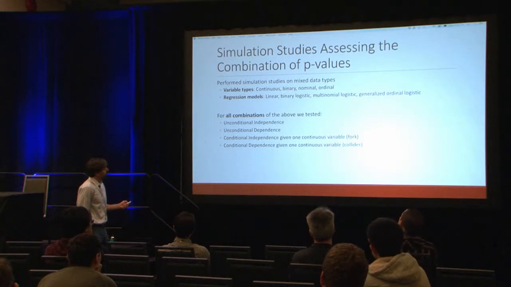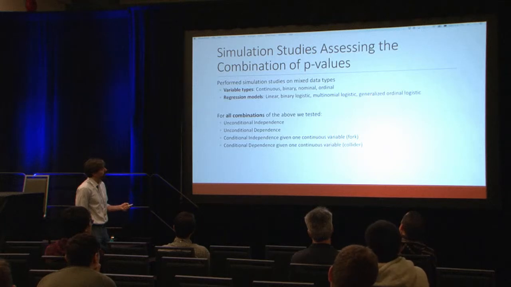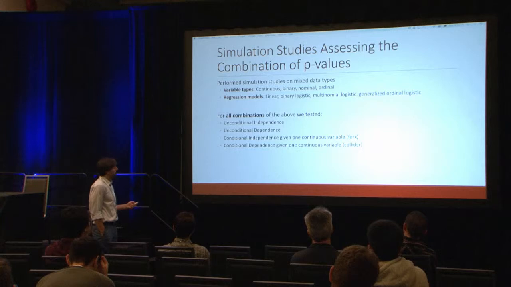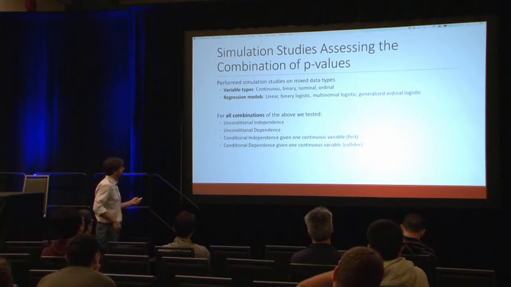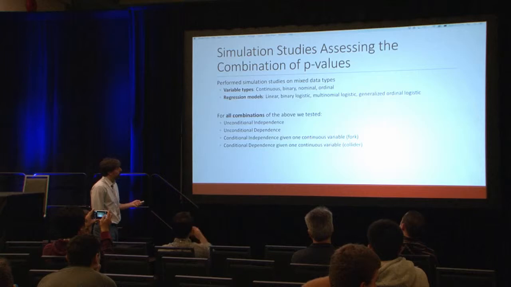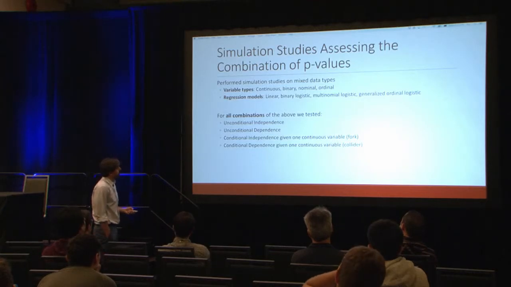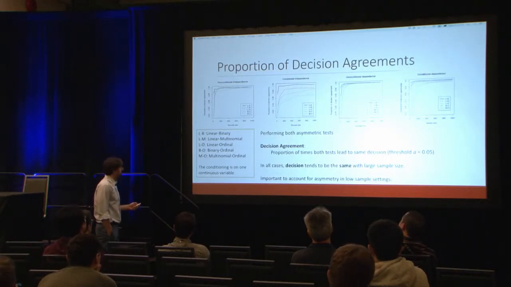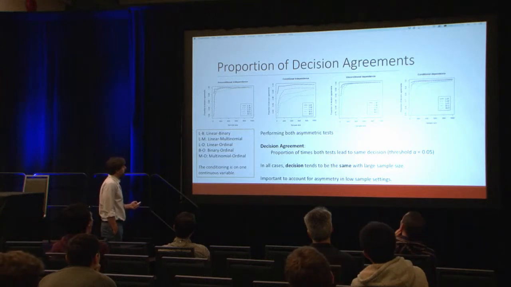For binary, we build binary logistic or multinomial logistic or generalized ordinal logistic models for the last type. And for all combinations, we check the p-values of conditional and unconditional dependence, also when we condition on one variable. So here are some experimental results.